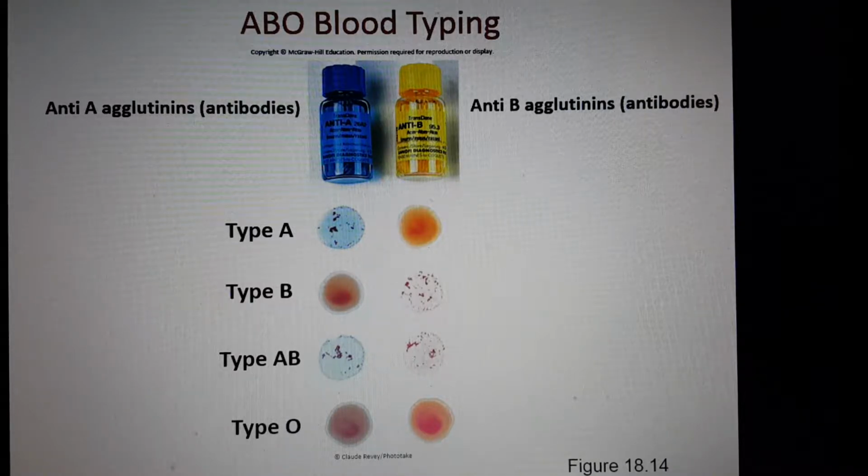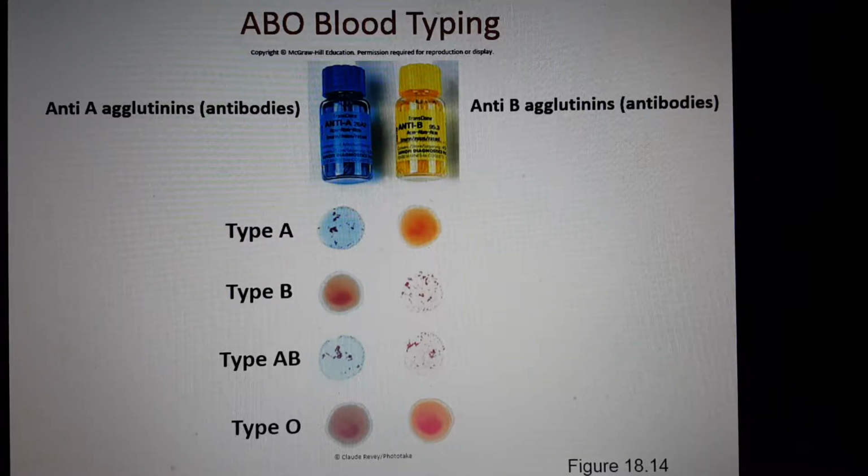So now on to your blood typing, determining the type of blood. If you remember, earlier I talked about how inside the plasma, the different blood types make antibodies against the other blood types. So to test a person's blood to see what type of blood they have, we can take a sample of blood and add the antibodies that would be in the other blood types.